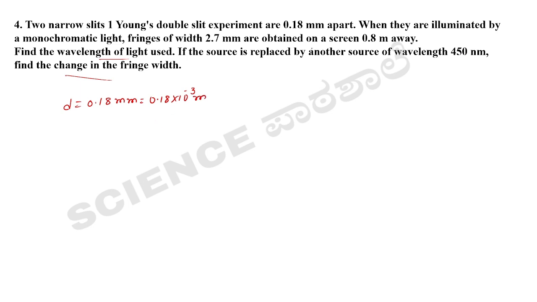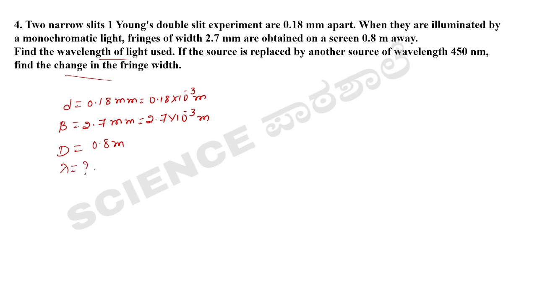Fringe width is given, beta is equal to 2.7 mm, that is 2.7 into 10 raised to minus 3 meter. The screen is 0.8 meter away, that is capital D is equal to 0.8 meter. Then lambda is equal to question mark.